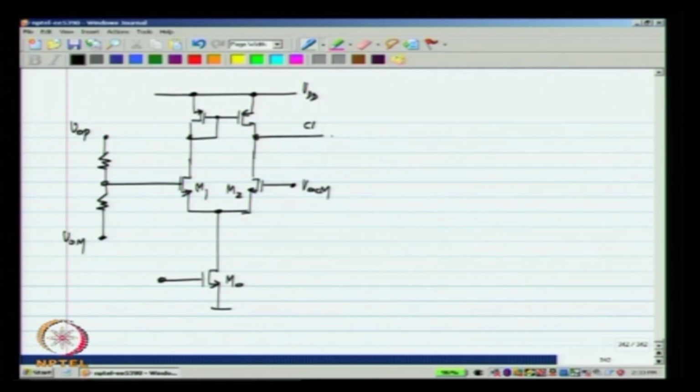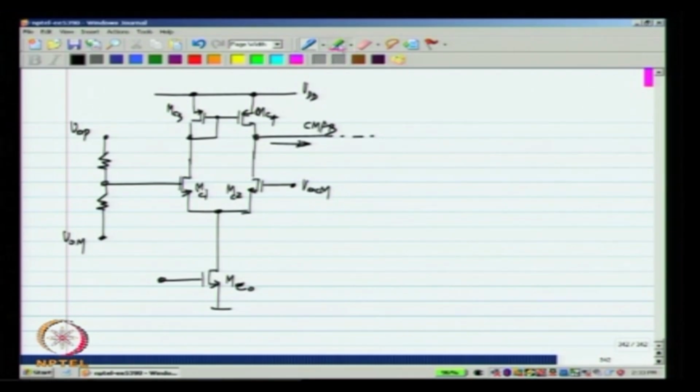So, this is the common mode feedback that goes to M3 and M4. Okay. Now, sorry, these are MC0, MC1, MC2, MC3 and MC4. Okay. Now, the current that gets pushed out of this can be calculated.